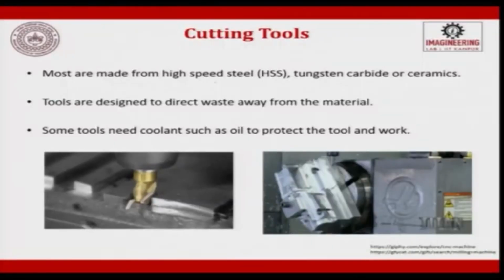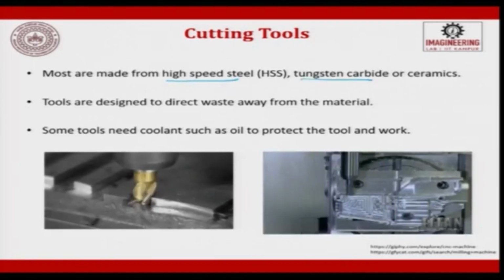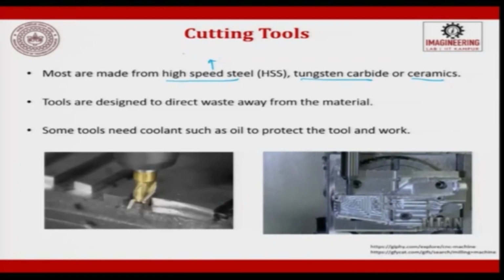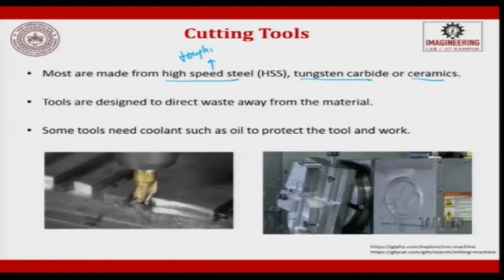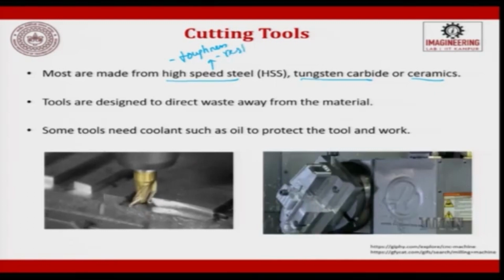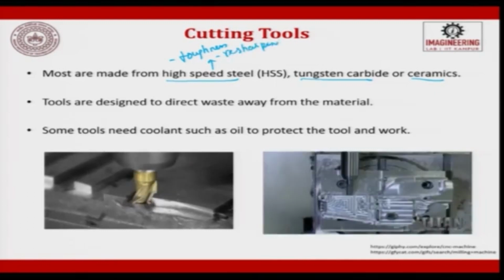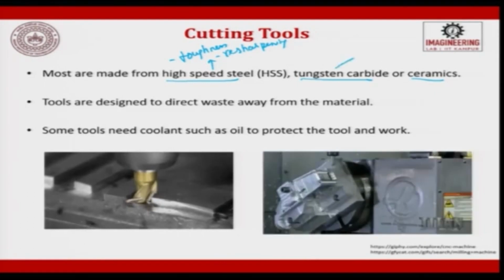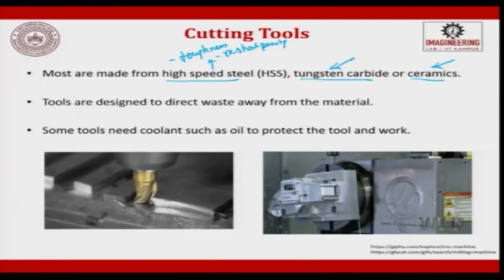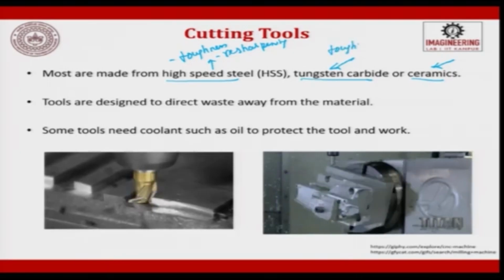Most are made from high speed steel, tungsten carbide steel and ceramics. High speed steel even today is used because of toughness and resharpening, but in CNC we try to avoid this, we go for tungsten carbide or ceramic. Tungsten carbide still has the property of toughness.